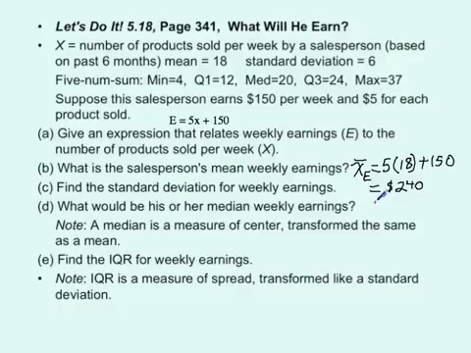Well, to get the standard deviation of the earnings, we'll do S sub E, and to do that calculation, all we've got to do is take 5, which is the slope, times the old standard deviation, which was 6, so that's going to get you back $30.